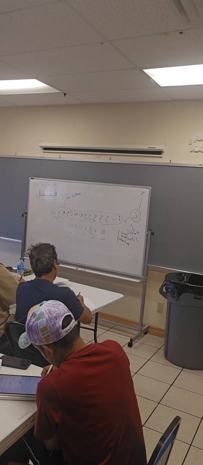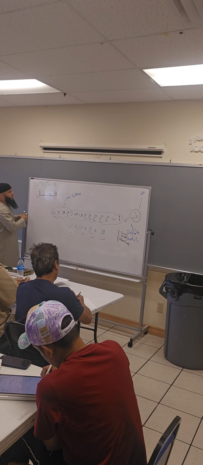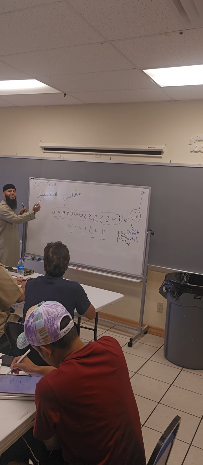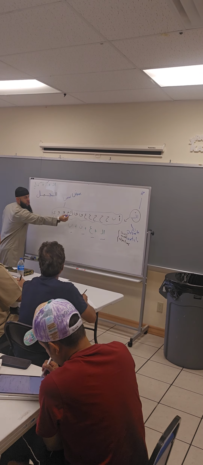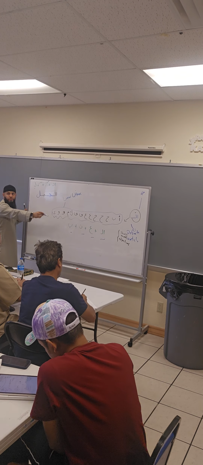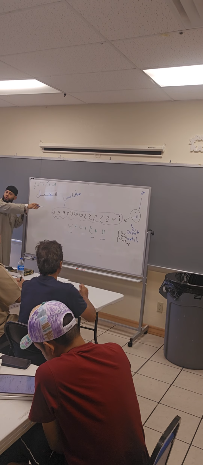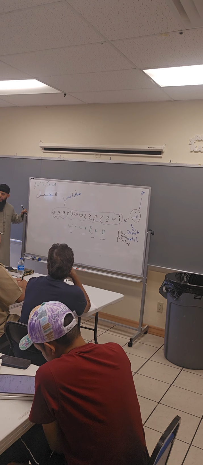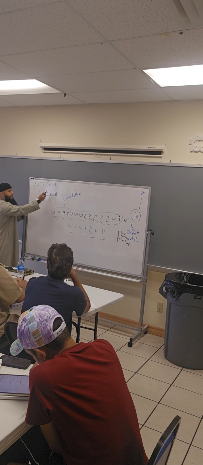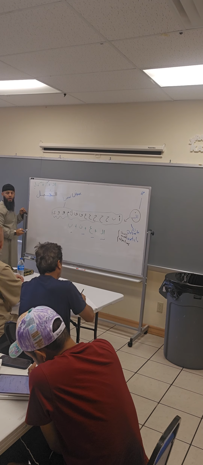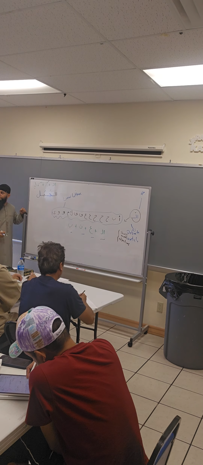So what is the word? You see the pronunciation? I say Al, I'm pronouncing this. Why? Because Ja is from the lunar group, so I pronounce the Al. Al-Ja, with fatha. Ma, also fatha.